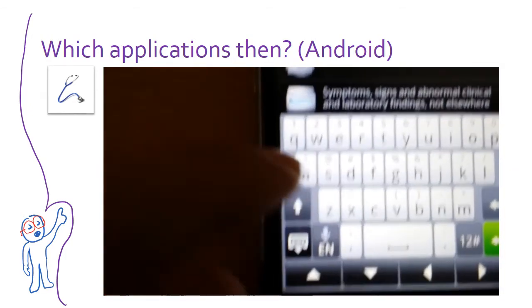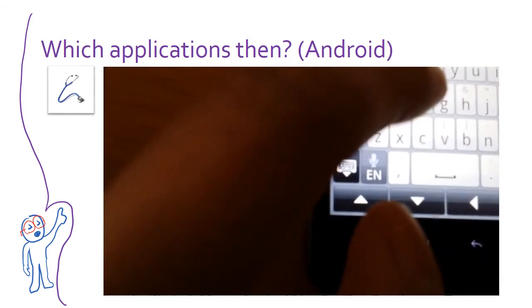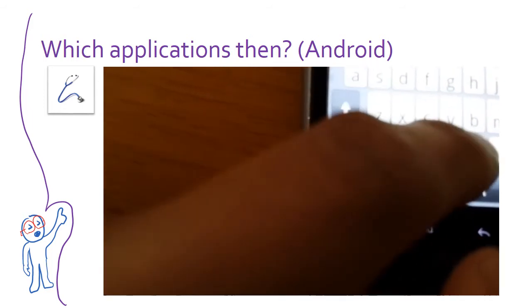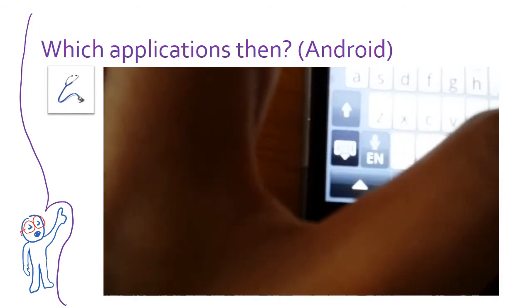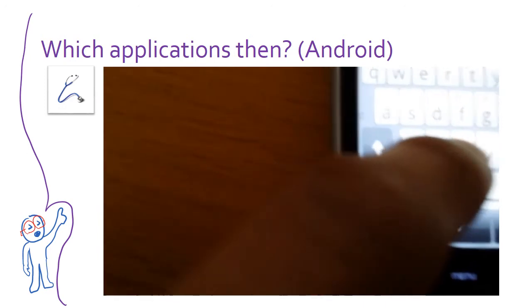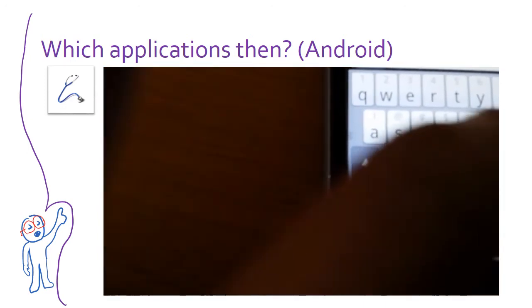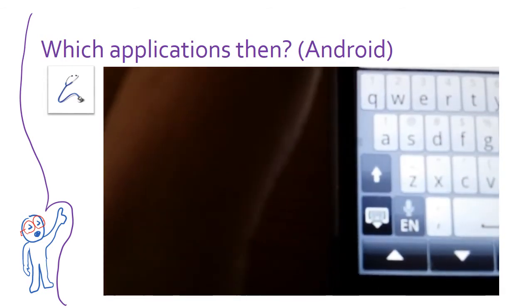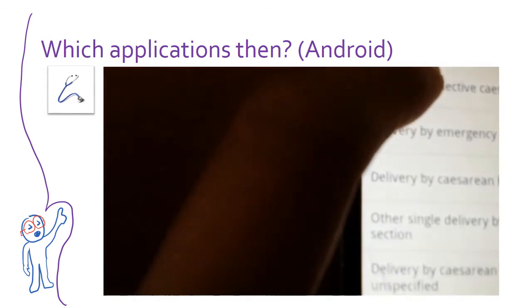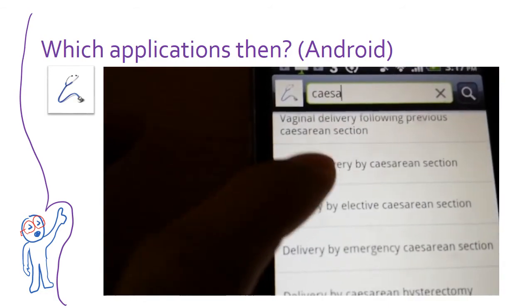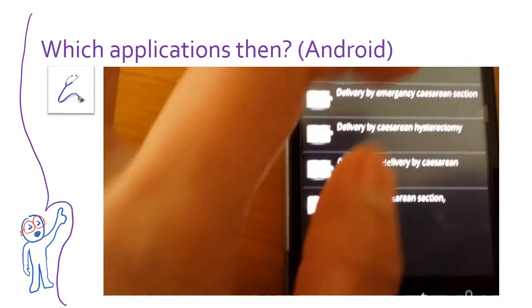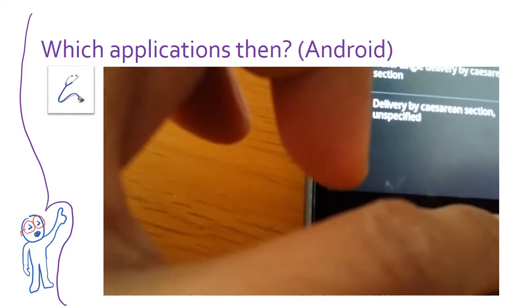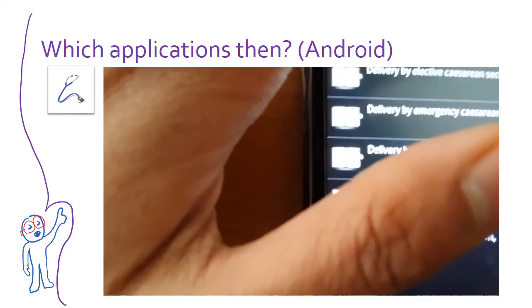So we can do the same thing like searching by typing. Cesarean sections, for example. Yeah, and it also offers bookmark functionality.